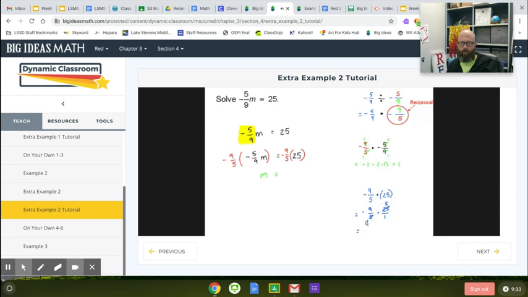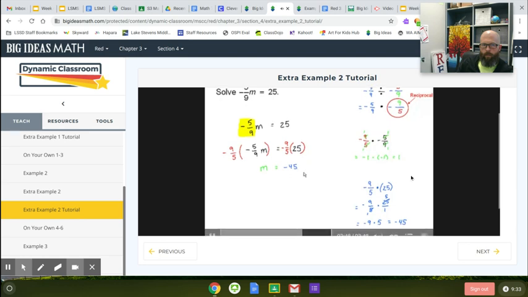So we have negative 9 times 5. This is negative 45. So the right-hand side of the equation is equal to negative 45. The solution to the equation is m equals negative 45.